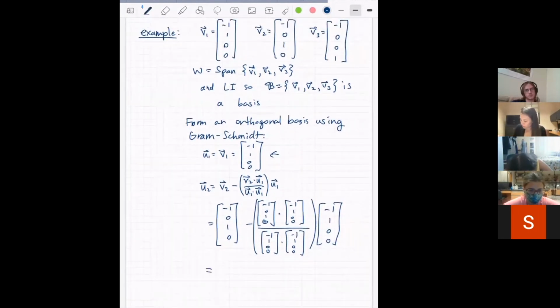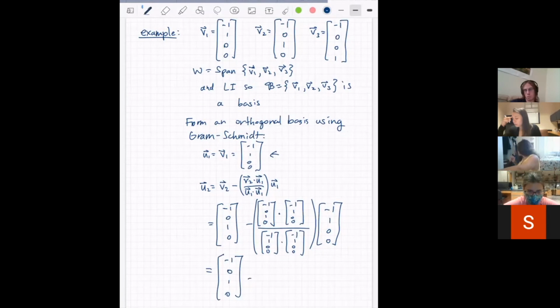Okay, so if we compute the dot product, in the numerator we would get 1, and all of the other terms in the dot product are 0, right? So we get 1 over the denominator gives us 1 plus 1, so 2, right?